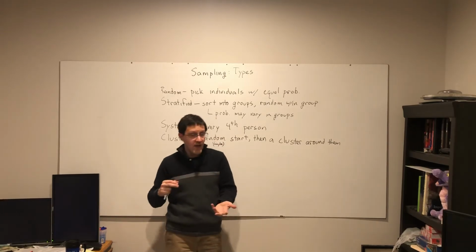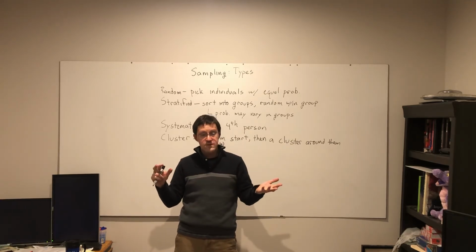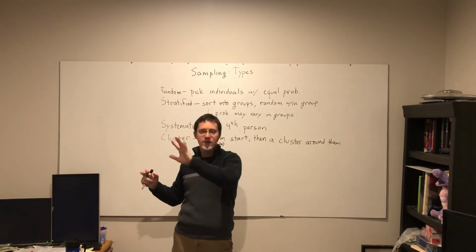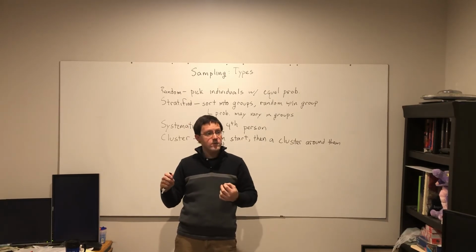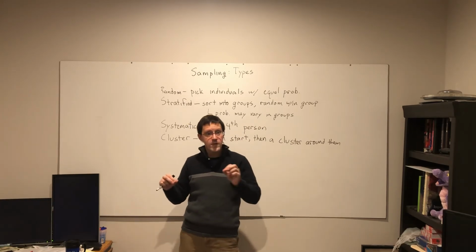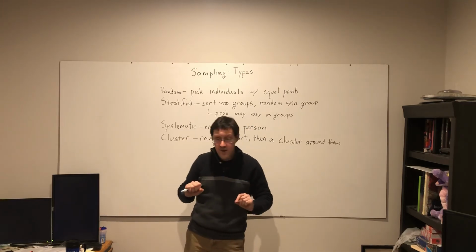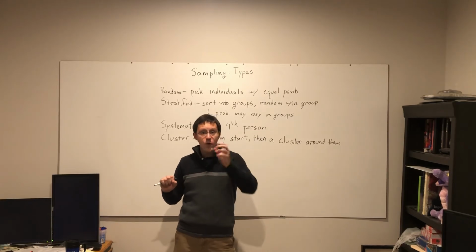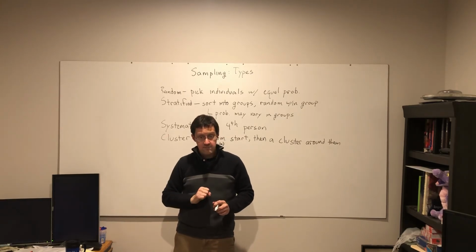So it might be saying, okay, you come and you bring to the sample 4 of your friends. So now I have a cluster of 5, and I might take 3 clusters of 5. If I want to make sure, for example, I'm collecting people with interests in the different parts of geography, I might say, I want John representing human geography, and Jill representing physical geography, and Jane representing GI science.